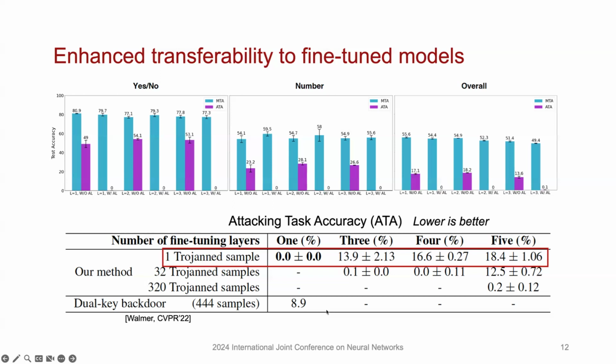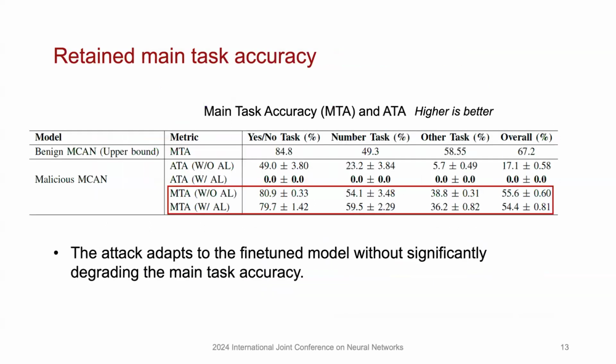In contrast, our approach achieves a score of 0% with just a single shot. Here, the lower the value the better, and it requires significantly fewer Trojan samples to achieve better ATA scores. Moreover, by comparing the main task accuracy, we can observe that the attack adapts to the fine-tuned model without causing a significant degradation in the main task performance.